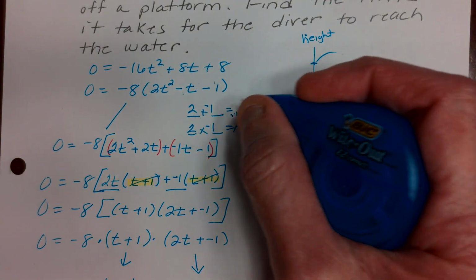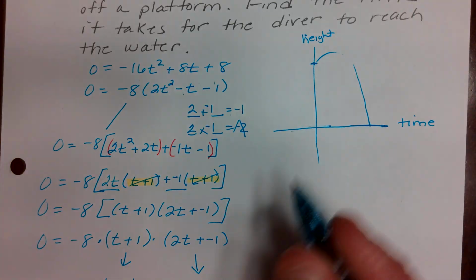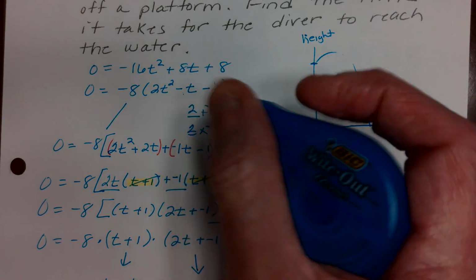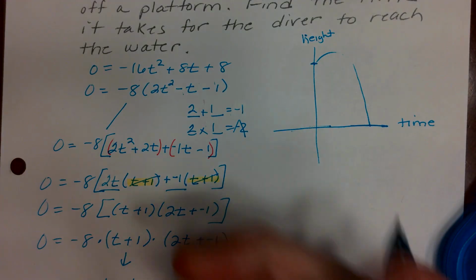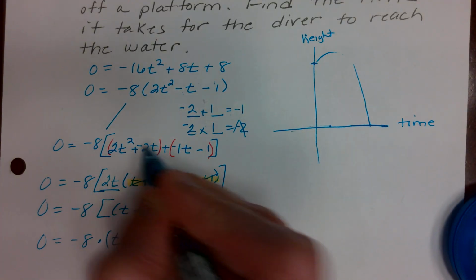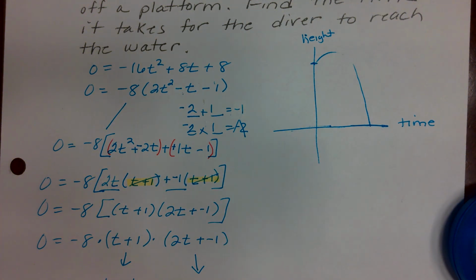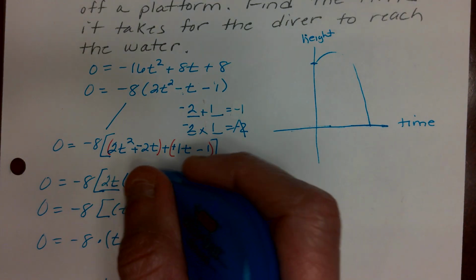Have no fear. We got white out is here. All right, so we're going to make that a negative 1. But what happens then is this negative isn't going to be on there. The negative is going to be on the 2. So that means this is a negative and this is a positive. So now I got to be very careful when I'm doing this. So if I take out a 2t, so that's a t minus 1.